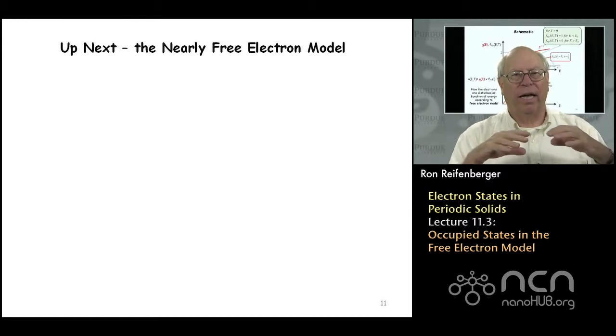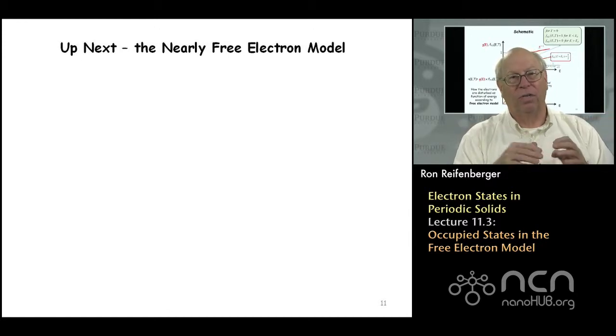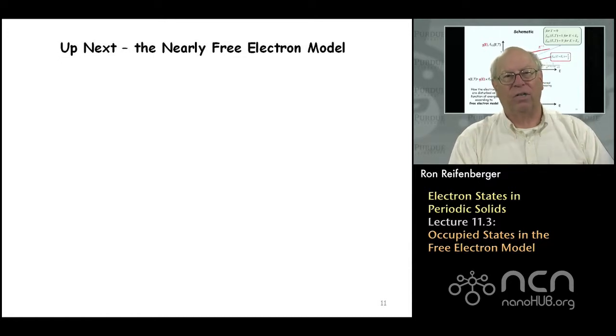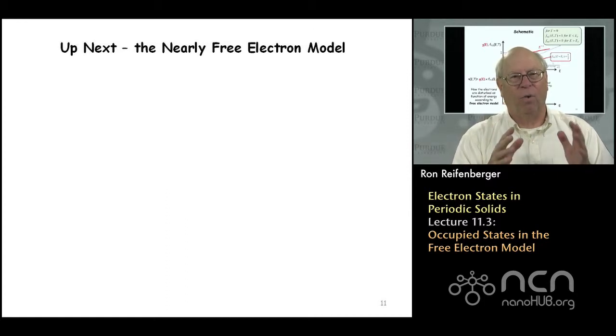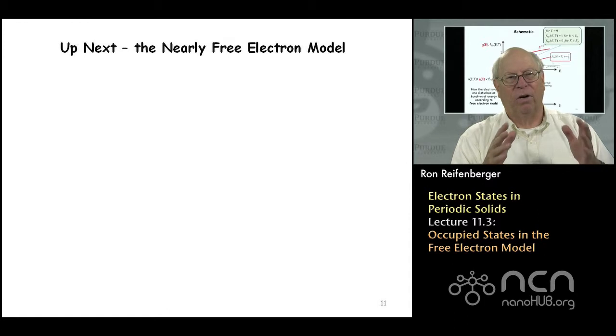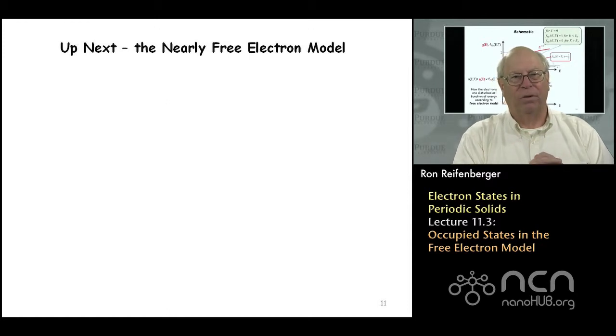When we put in a periodicity in the electrostatic potential energy, associated with the lattice constant a, we're going to see that some really new and interesting effects arise, and these new effects provide the explanation for why some elements are insulators, why some elements are semiconductors, and why other elements are metals. So that's going to be the next topic.